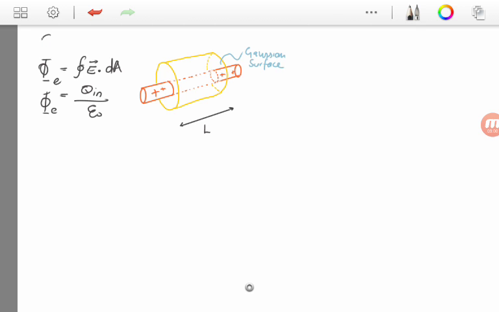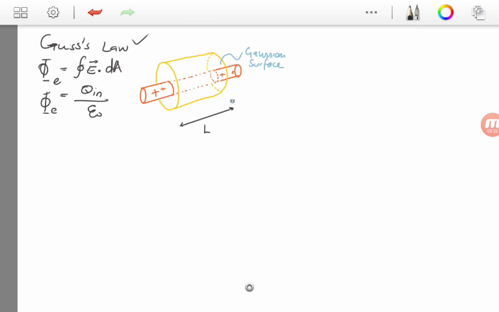This is Gauss's law. So we're going to use Gauss's law in order to find the electric field along a long charged wire. So let's go through it.